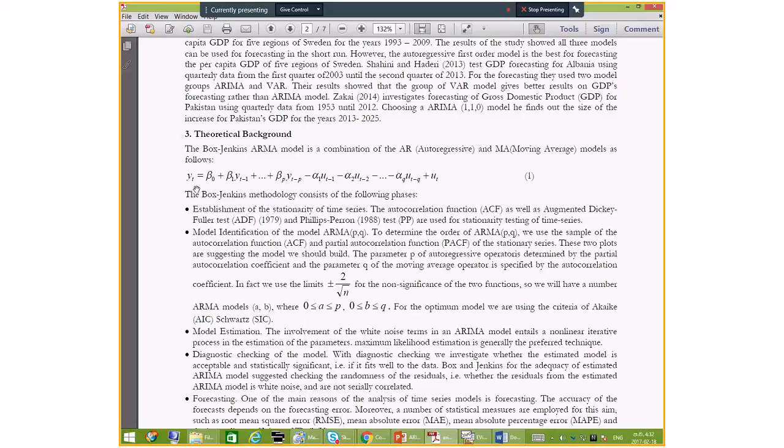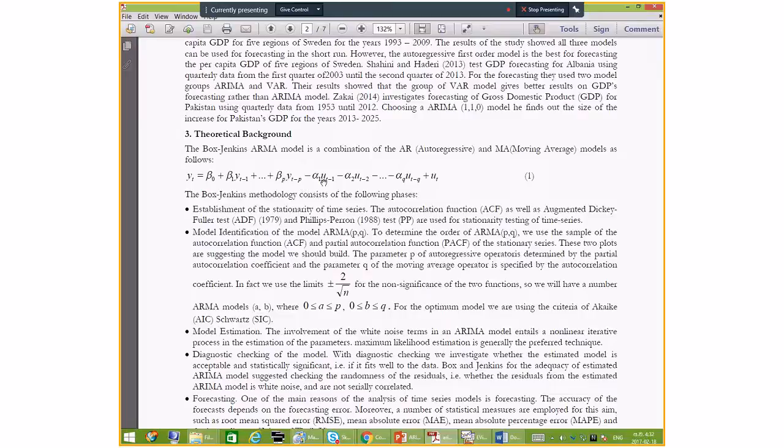See this equation. Y means GDP growth. Beta 0 is the intercept of the model. Beta 1 times Y(t-1) is the lag value of the dependent variable. Our dependent variable is GDP, so Y(t-1) means the previous year's, last year's GDP, and so on up to the number of lags, t-1, t-2, t-3, up to t-P.